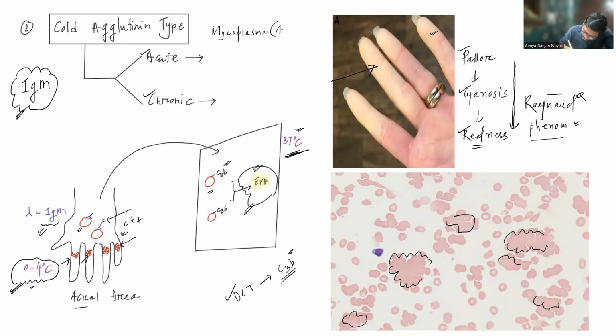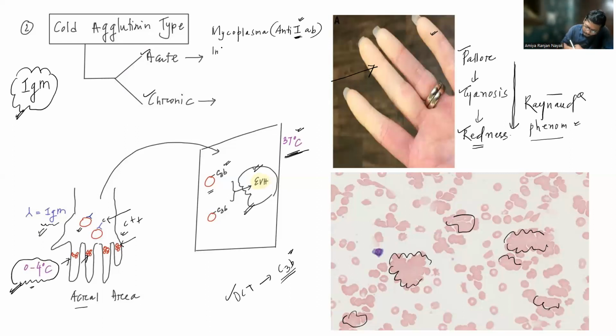This will make anti-capital I IgM antibodies. Capital I is an antigen over the surface of the RBCs. Okay, over the surface of RBCs, we have various antigens, and one of them is this I antigen.